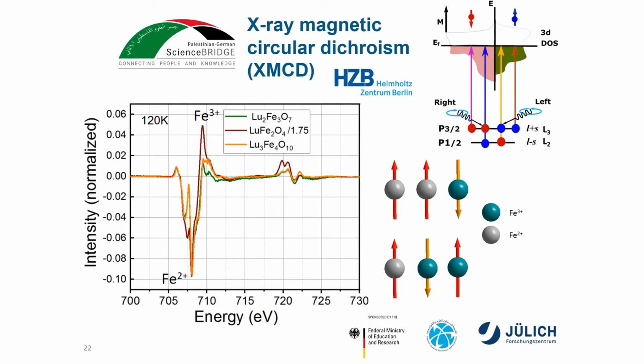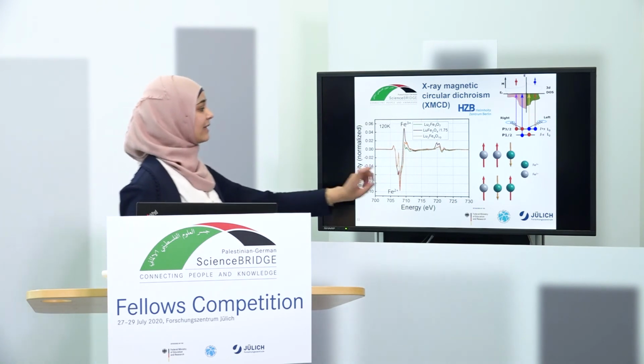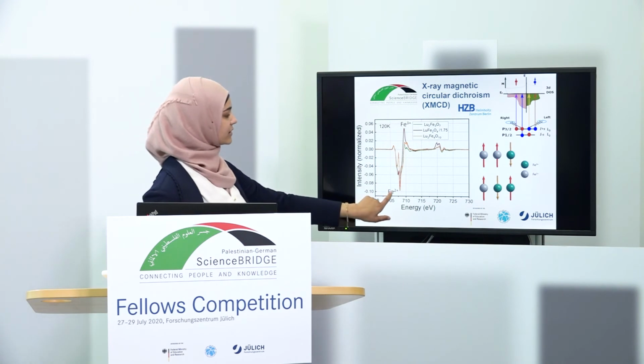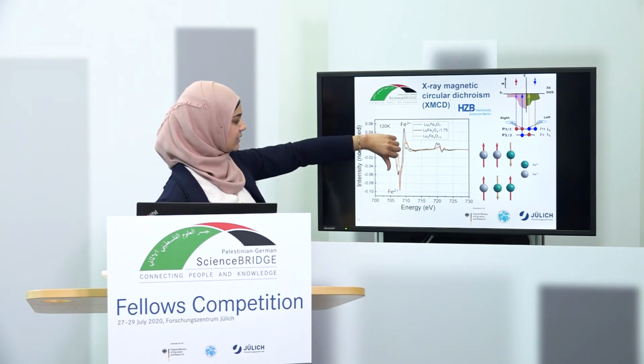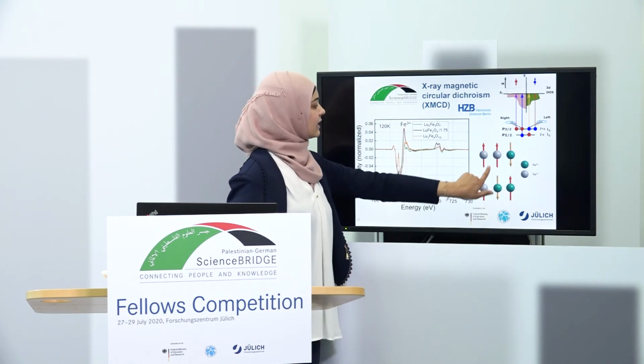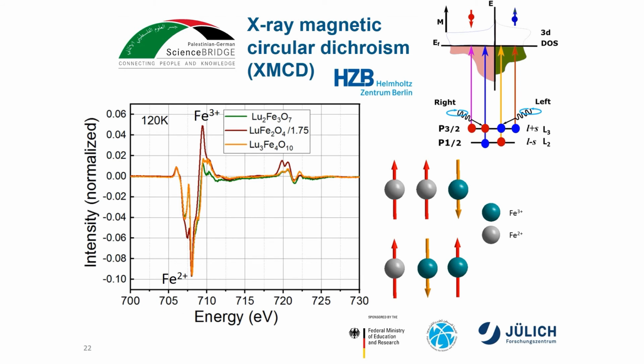So, what does this mean? In the lutetium ferrite, if you see this red one, it's opposite to what actually is in the structure. The positive peak here means that you have a net moment in the negative direction. And what about the Fe +2? Also opposite to what you see here. The negative peak means that you have iron valences of +2 opposite in this direction.